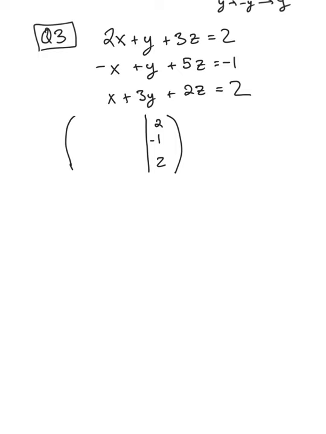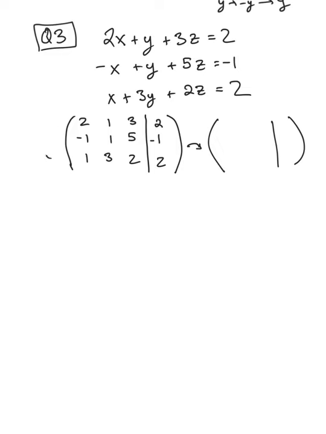Put this coefficient matrix in echelon form and then solve. So we get 2, 1, 3, 2... (rows: 2, 1, 3; negative 1, 1, 5; and 1, 3, 2). Actually, just to make it easier in my head, I'm going to switch the rows.